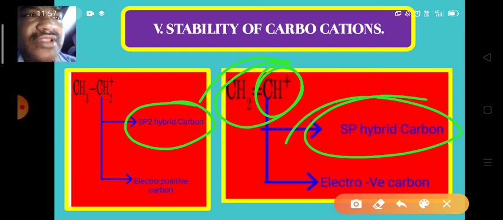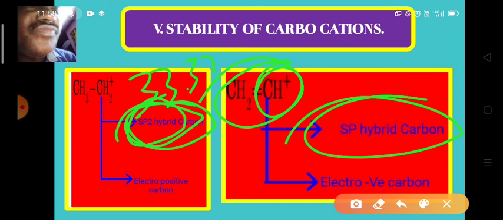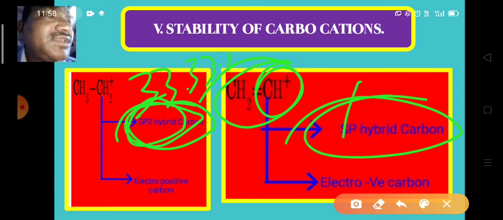And we know very well that the percentage of s character in sp2 hybrid orbitals is only 33.3, and in sp hybrid orbitals the percentage is 50%.